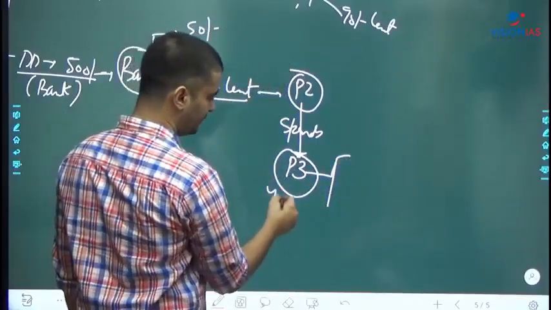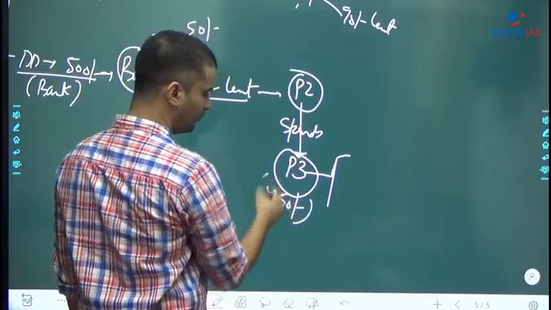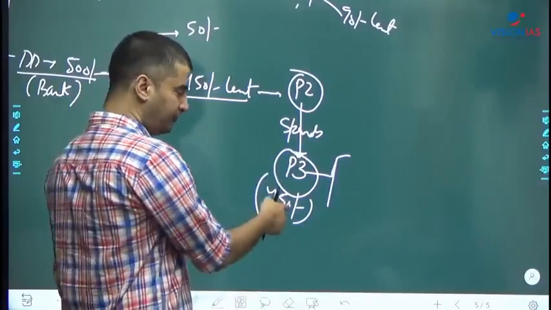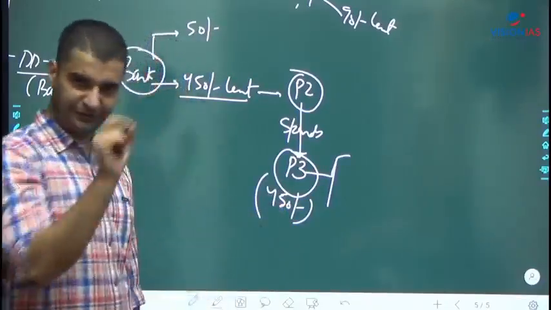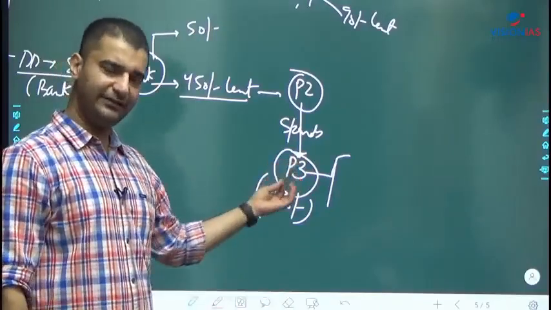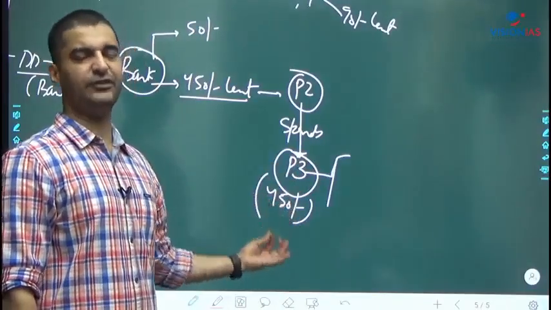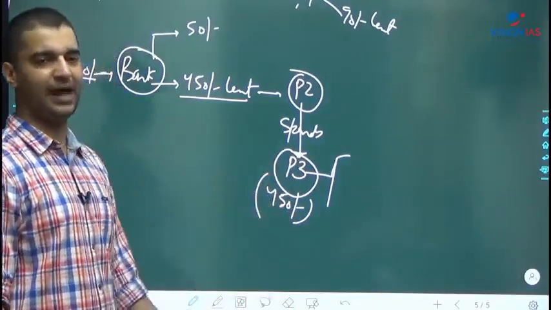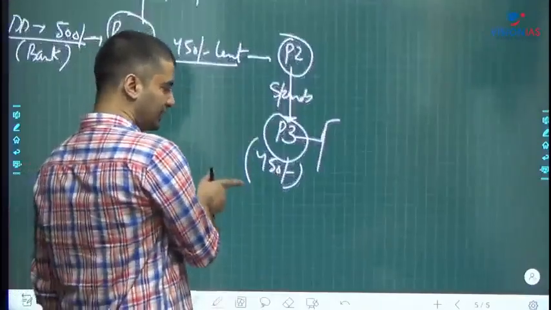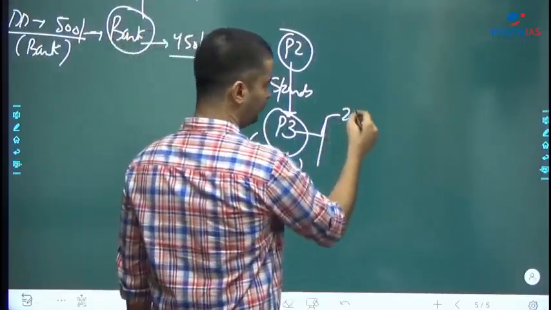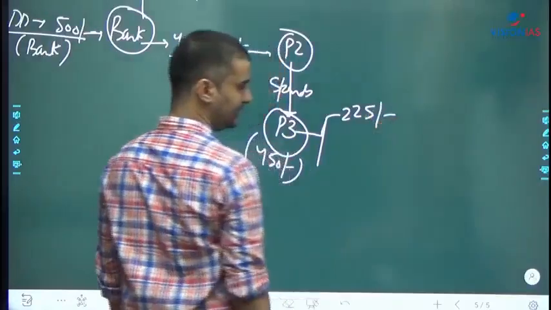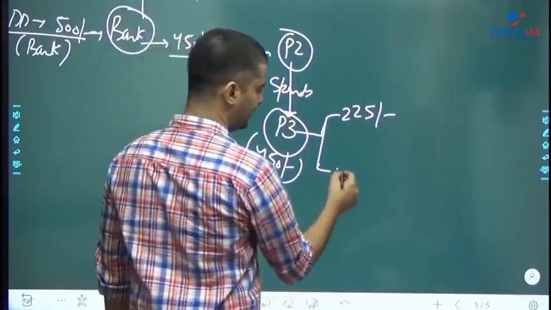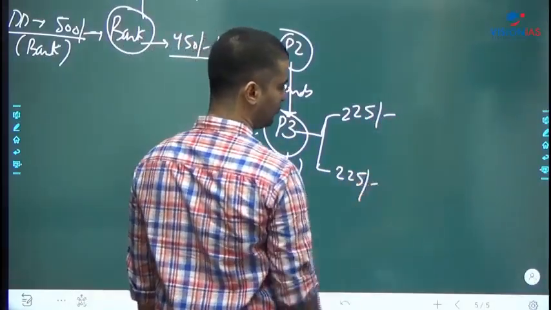Person 3 receives 450 rupees. 450 rupees में से 50% he will keep as currency, that is cash, and 50% he will deposit in the bank in form of deposit. So 450 का आधा कितना हुआ? 225 he'll keep in form of currency and 225 he'll keep in form of deposit.